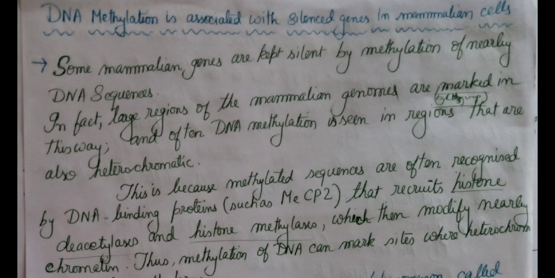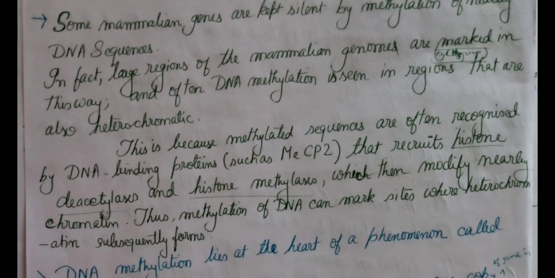In fact, large regions of the mammalian genomes are marked by methyl groups in this way, and often DNA methylation is seen in regions that are also heterochromatic. I have shown you that some important regions of histone H3 containing lysine can be methylated to silence, to inactivate that region.